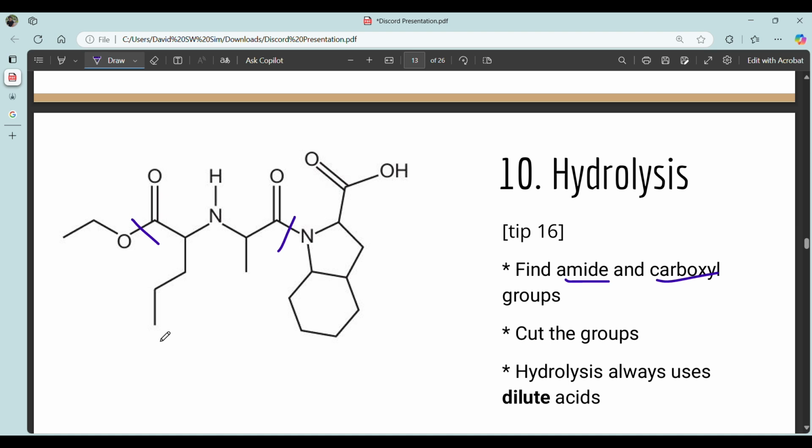So now if we want to draw out the products, we just draw ethanol here. And here we draw it connected to OH.